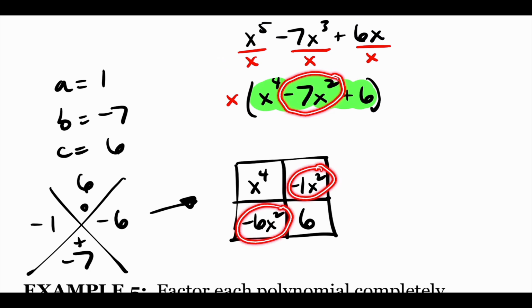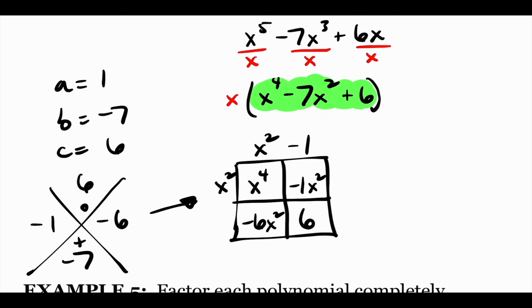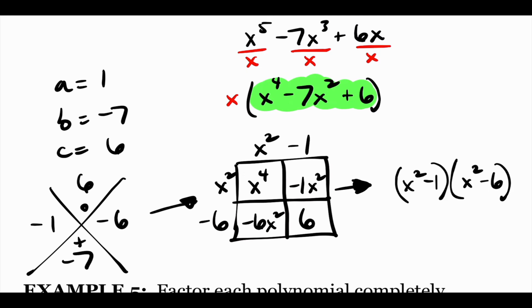So when I combine these, that's what they have to make. x squared to make x to the 4th, and then I need a negative 1 here and a negative 6 here. So I have x squared minus 1, x squared minus 6, and then I had the GCF. I can't forget about the GCF I had earlier, right? That was step 3 and 4.